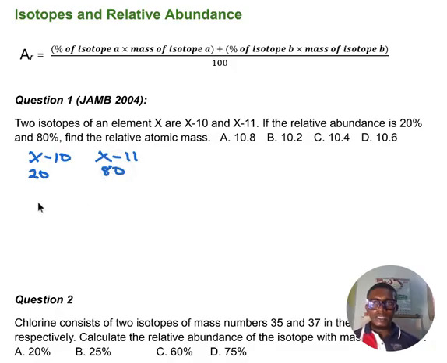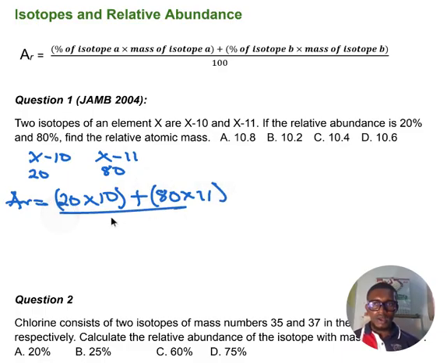Now to calculate their atomic mass, AR is equal to the abundance 20 times 10 plus this 80 times 11, that's the abundance times the mass, all over 100. So your AR here becomes 20 times 10 is 200 plus 80 times 11 is 880, okay, divided by 100.